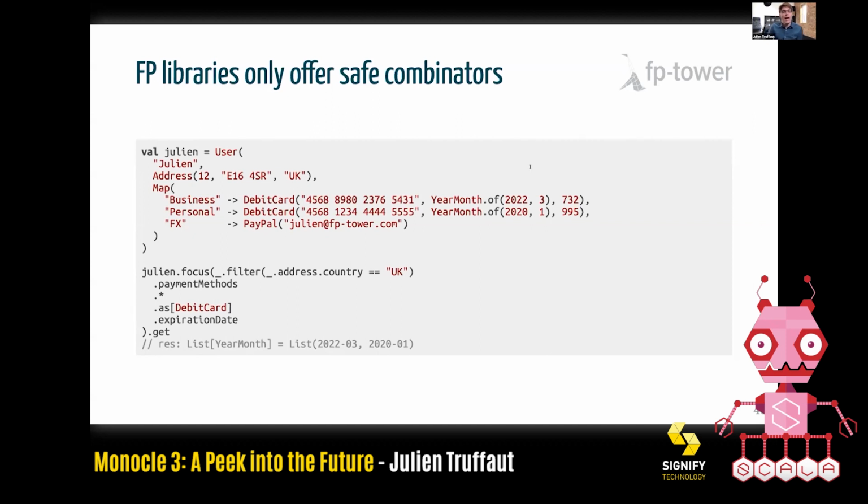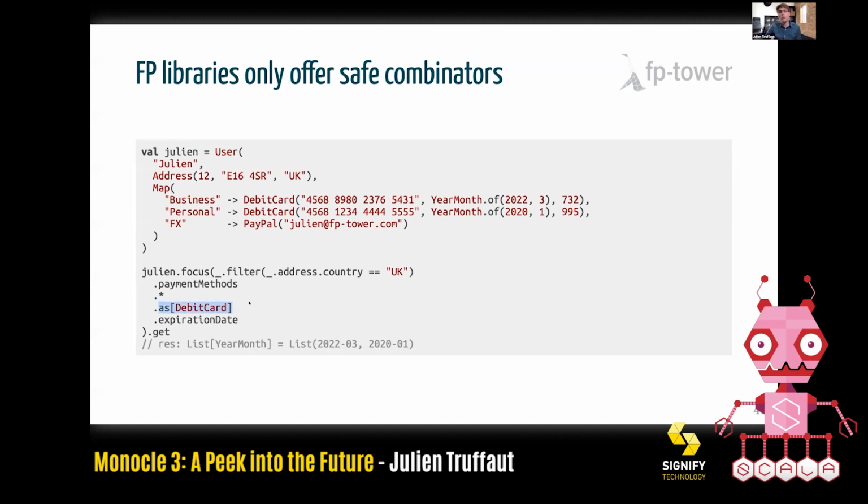Imagine we have this filter optic, with our focus macro. This will behave exactly like filter for a list or something else. So we want to say, I want to focus into a user only if his country is the UK. Julien lives in the UK, so that's fine. Then I want to go into payment methods. I use this asterisk to mean I want to go to all payment methods at once.